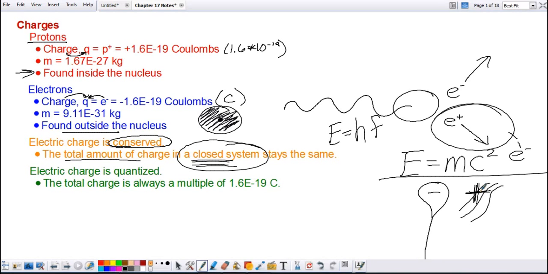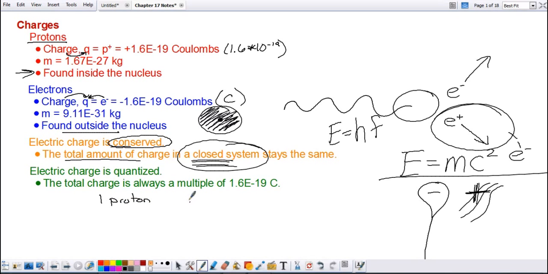The last thing we have here is that charge is quantized. So what does that mean? Well, it says the total charge is always a multiple of 1.6 times 10 to the negative 19th coulombs. So here's why this is. Let's say that we have a proton. So we've got one proton.